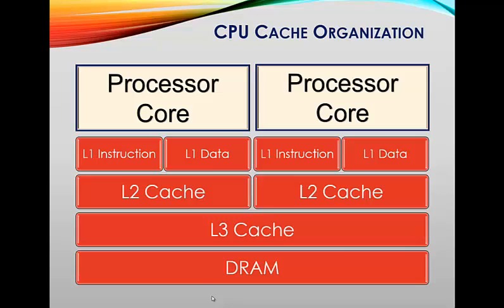Each core has access to its first layer of cache, the primary cache, or layer 1, L1 cache, which is split into two sub-cache systems, an L1 instruction cache and an L1 data cache. These are very high-speed memory units hosted very close to the register banks of the CPU core, which makes them hugely expensive, so they are very limited in size.